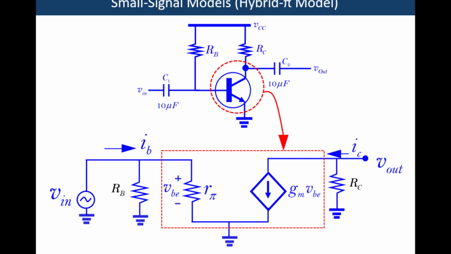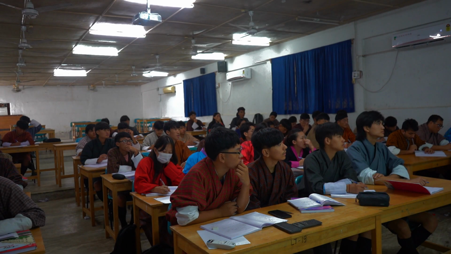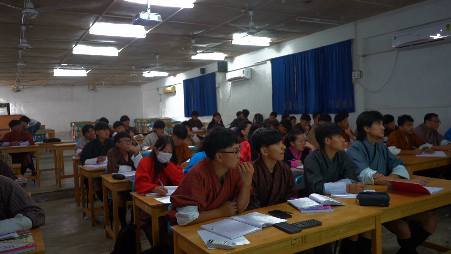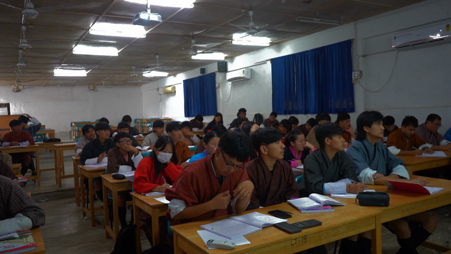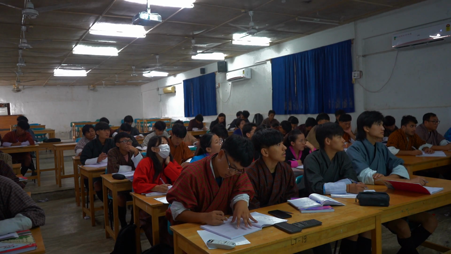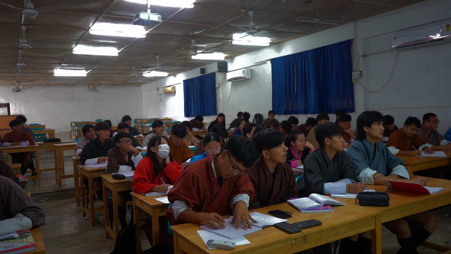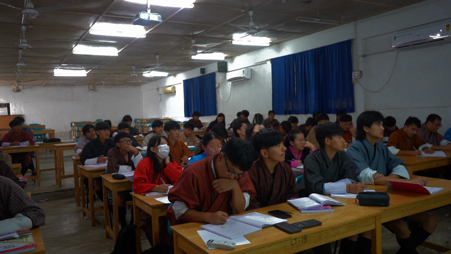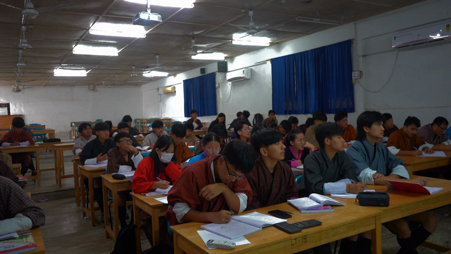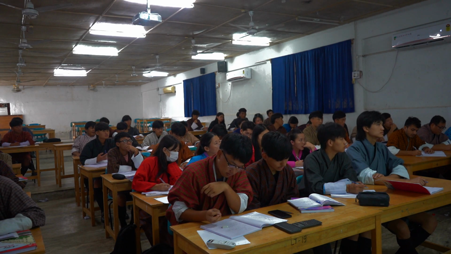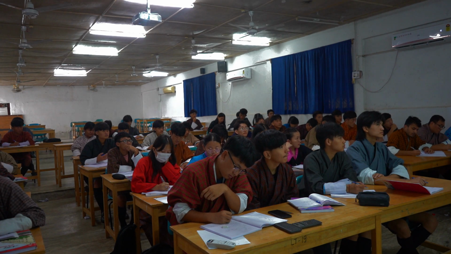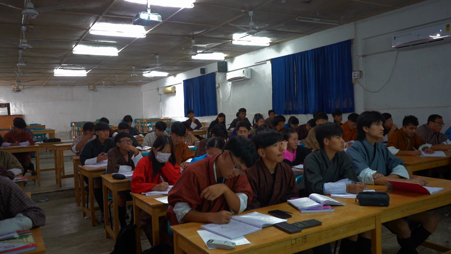That means these would be the changes in your circuit: this would be your RB and this would be your signal source, and this would be the RC, then plus or minus V out. This would be the changes in your circuit.